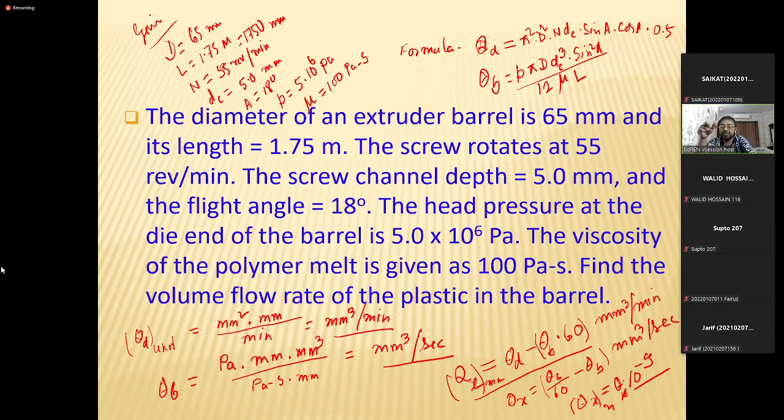The screw channel depth is 5 millimeter and the flight angle is 18 degrees. The head pressure at the die end of the barrel is 5.0 times 10 to the 6 Pascal. The viscosity of the polymer melt is 100 Pascal second. Find the volume rate of the plastic in the barrel.